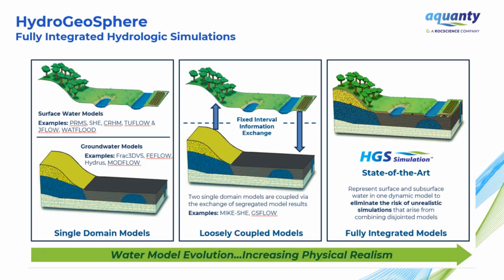Those are typically surface water models and groundwater models that have been coupled together, and they pass information back and forth. Good examples of those models would be MIKE SHE and GSFLOW. And then HydroGeoSphere is at the right-hand side of the spectrum, and that's fully integrated. What that means is that all of the numerical equations for the solution of surface and subsurface flow are solved simultaneously together.